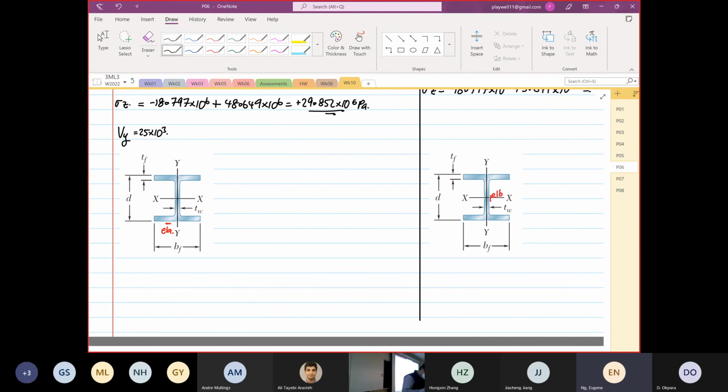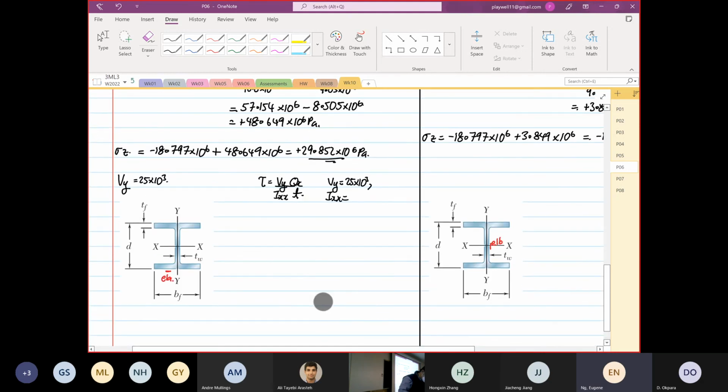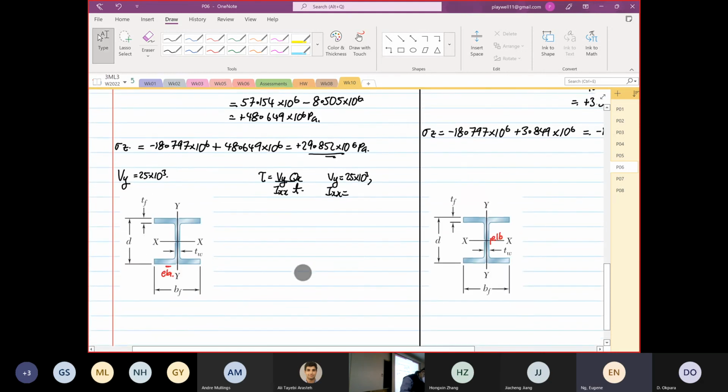So the formula, because we are doing Vy, shear stress is equal to Vy over Ixx, times Qx divided by T. Let's see what we know. We know that Vy is equal to 25 times 10 to the power 3. Ixx is equal to 40.8 times 10 to the power minus 6.